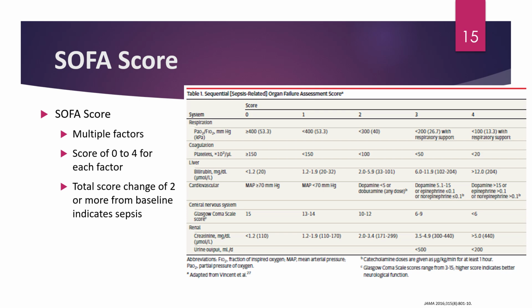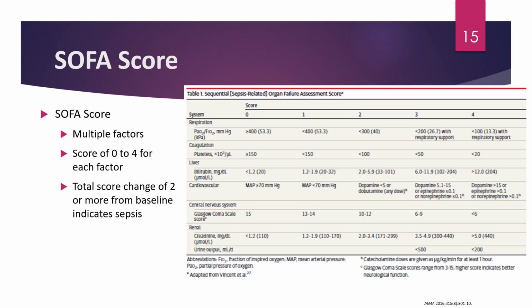For each different factor, there's a score of 0 to 4. And a total score change of 2 or more from baseline indicates that the patient has sepsis. So it indicates that the patient has actual organ dysfunction, and that organ dysfunction is likely related to their infection. Sometimes it might not be, if the patient had a suspected infection and then the infection actually got ruled out.